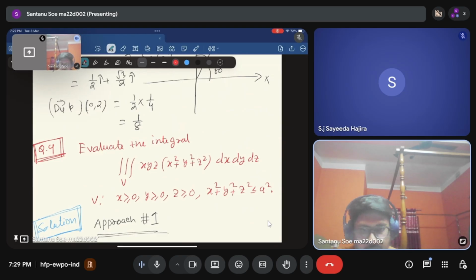Okay, because we know the form of a Dirichlet integral, that is a triple integration x to the power l minus 1, y to the power m minus 1, and z to the power n minus 1, dx dy dz over the region first octant, x plus y plus z less than or equal to 1. And this is just gamma l gamma m gamma n divided by gamma of l plus m plus n plus 1. Correct?